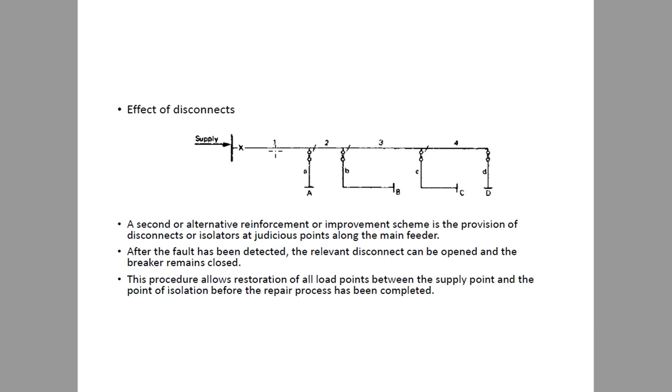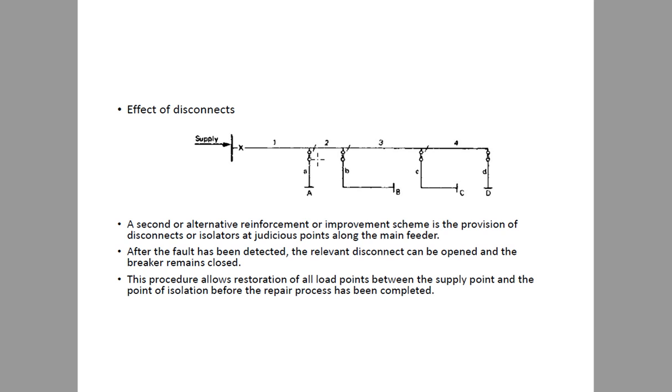When a fault occurs at line section 1 here, this circuit breaker will operate and the supply to all load points will be discontinued. But when a fault occurs at line section 2, then this disconnect will operate in place of the circuit breaker.